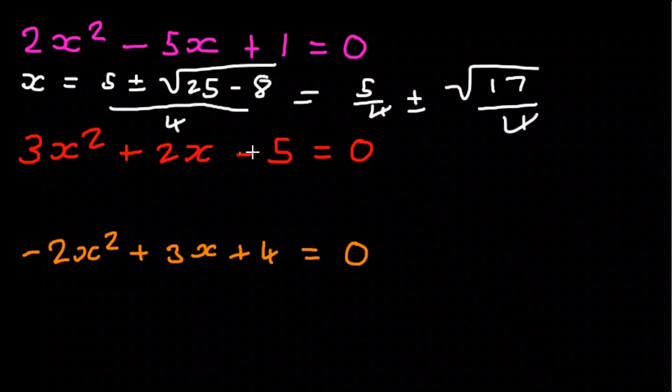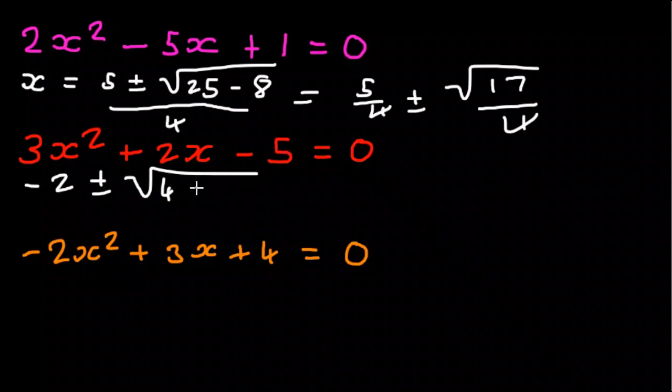Brilliant. And then next up we have this one, 3x squared plus 2x minus 5 is equal to 0, and that is minus 2 plus or minus the square root of 2 squared, so that's 4, minus 4 times 3 times negative 5.